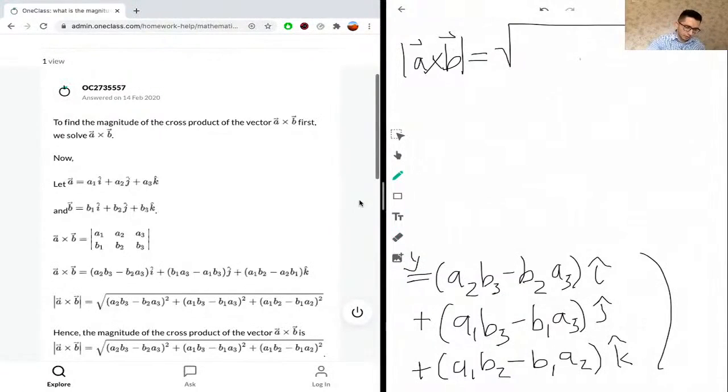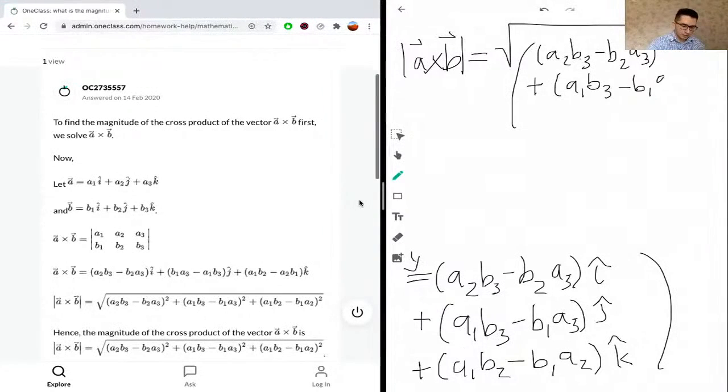So this is all underneath the square root. I'll put it in a large bracket. The first part is A2 B3 minus B2 A3, and this is the first component squared. Then we add on A1 B3 minus B1 A3 squared.